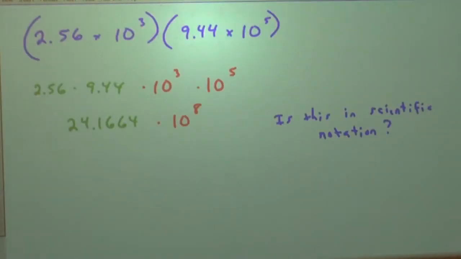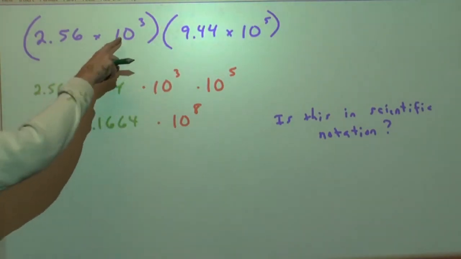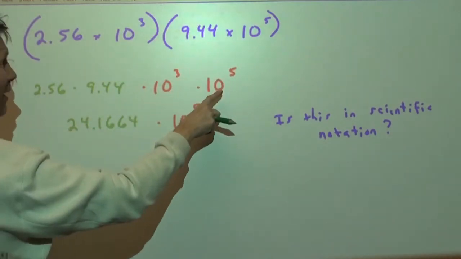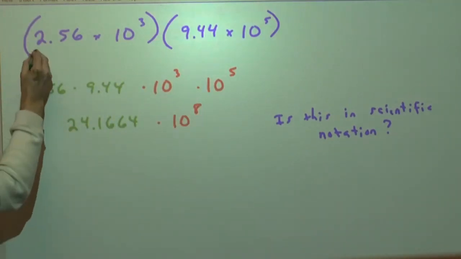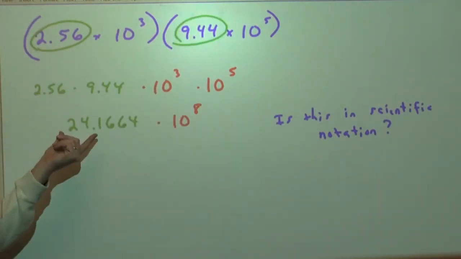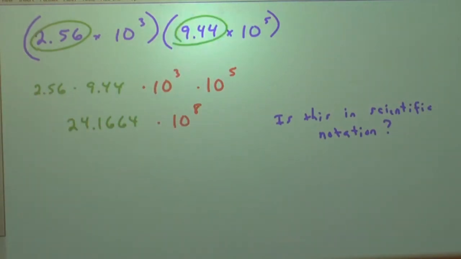And then finally, I think this is it. Yep, last problem. If we multiply this guy by this guy, well, again, we have a bunch of 10s being multiplied. We have 8 of them: 3 here and 5 more there. Now let's just multiply these two other factors. When we multiply those together, we get 24.1664 times 10 to the 8th. Okay, that's true, but it's not in scientific notation.